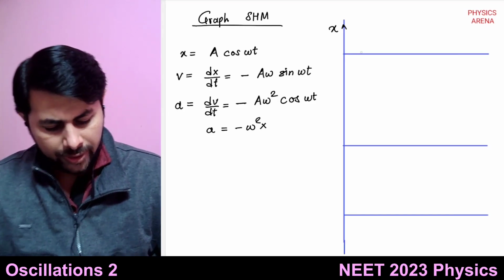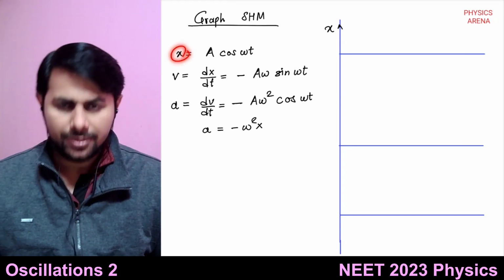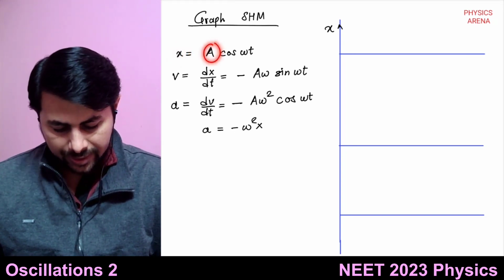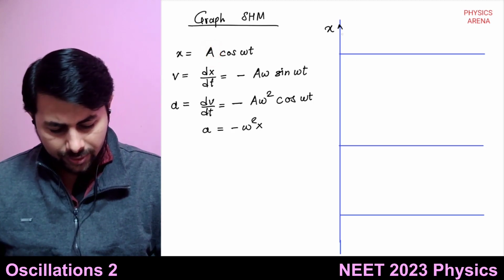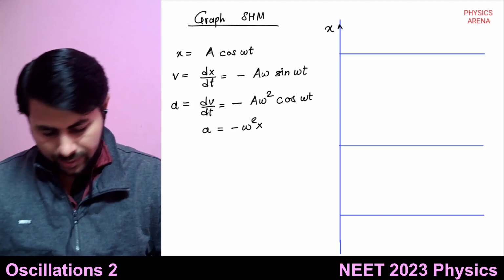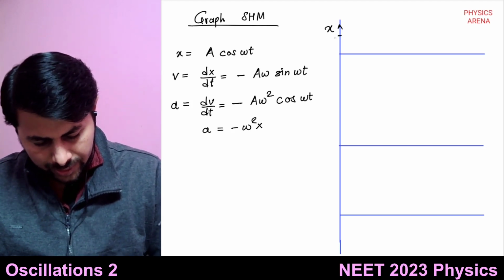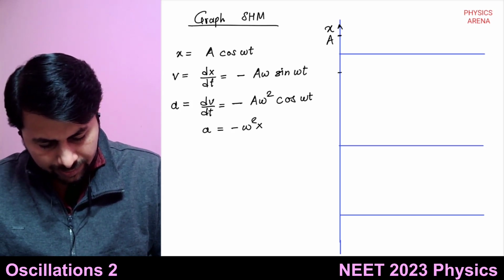What will be the maximum value of x? It is a, right? So the extreme values of x are plus a and minus a. Suppose this is plus a and this is minus a.